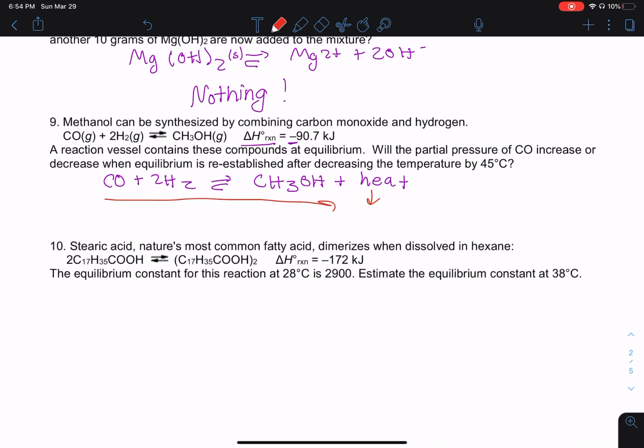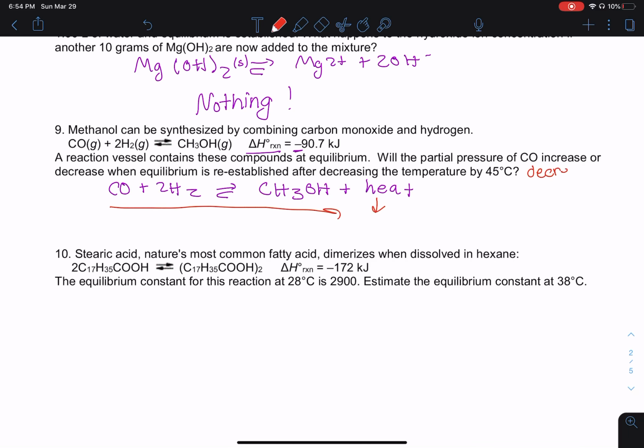So the partial pressure of CH3OH will increase, whereas the partial pressure of carbon monoxide and hydrogen will decrease, because the forward reaction will be favored.